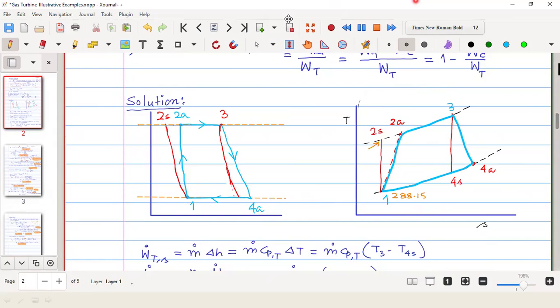T2S is 480.78. T2A, the temperature of 2A, is 528.94.